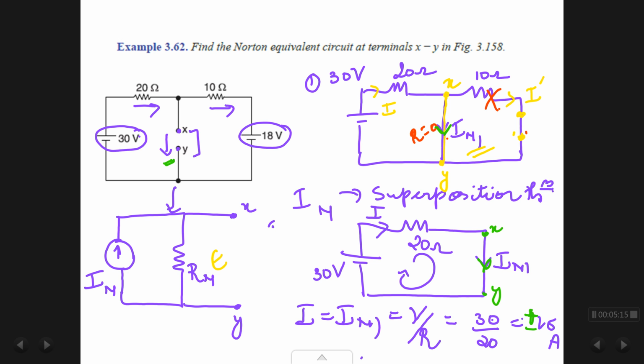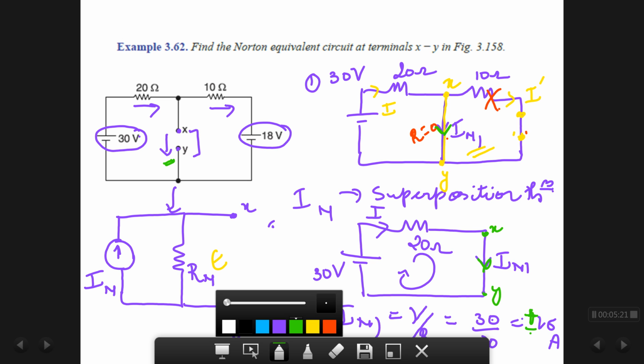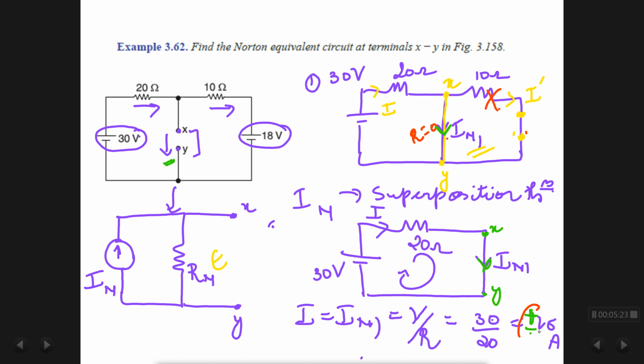If you notice over here also it's flowing from top to down, here it's flowing from top to down. So this will change to plus. This is plus 1.5. So the current I_N1 turns out to be plus 1.5 amperes due to my 30 volts source.